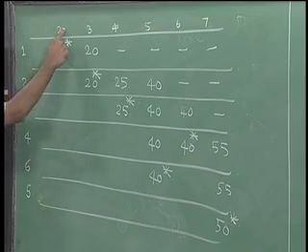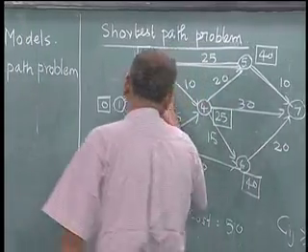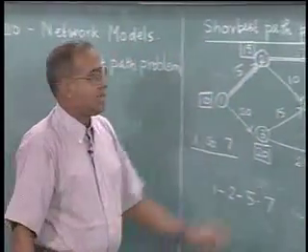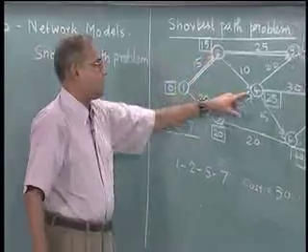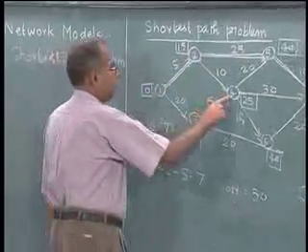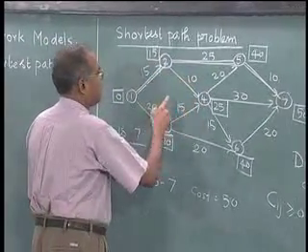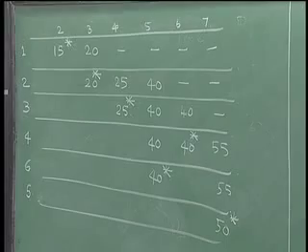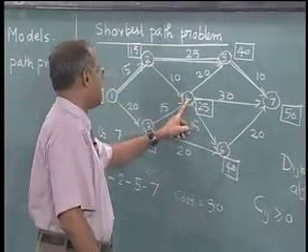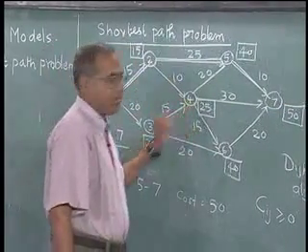Since node 2 is marked, we write 2 here, and then we proceed to this network to find out what are all the other nodes that are reachable from 2. They happen to be 4 and 5. Now, 2 to 4 is 15 plus 10, 25, and 2 to 5 is 15 plus 25, 40. So, we look at these values. If you look at 4, now 4 is reachable with 15 plus 10, 25.